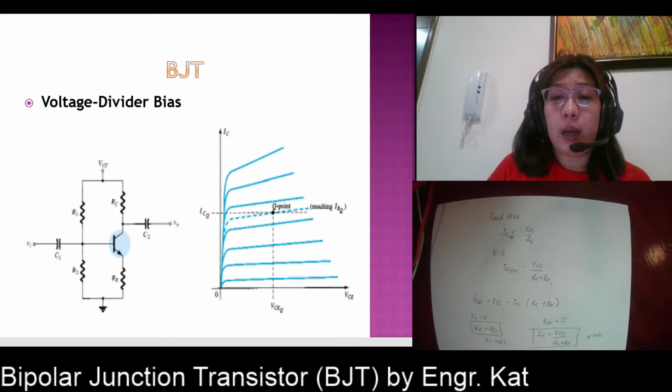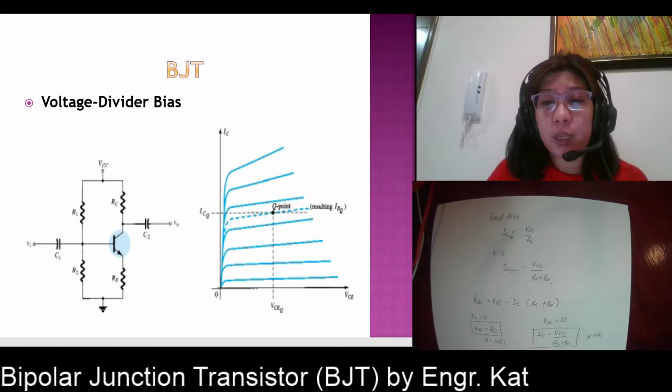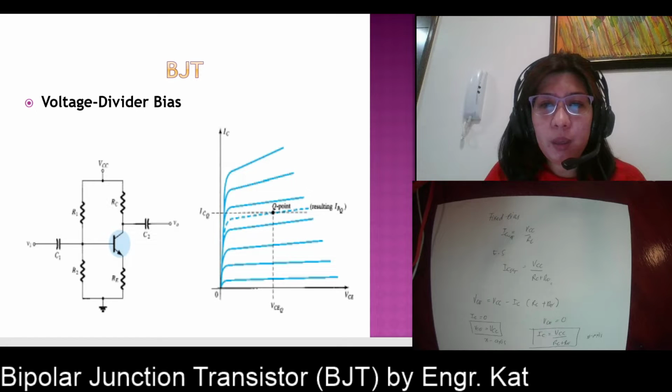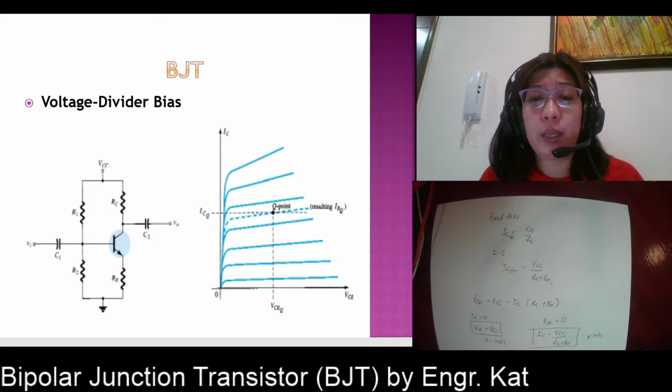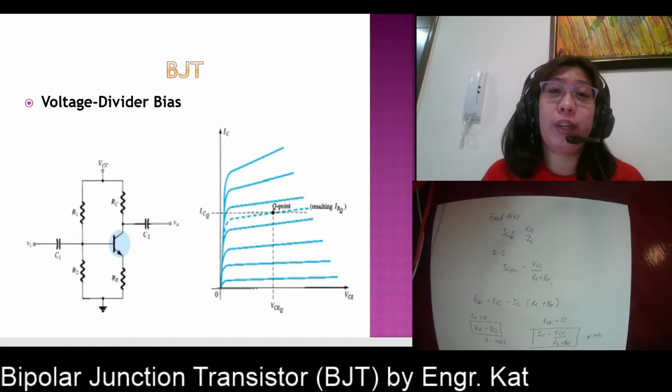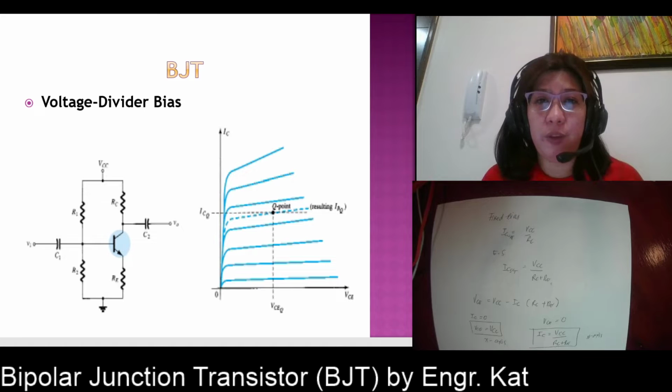Okay, so we are trying to look for a circuit wherein your Q point here, which is directly dependent on your ICQ and VCEQ, will not change at all, even though the value of beta changes. Okay, so it is not like the fixed bias nor the emitter stabilized configuration.